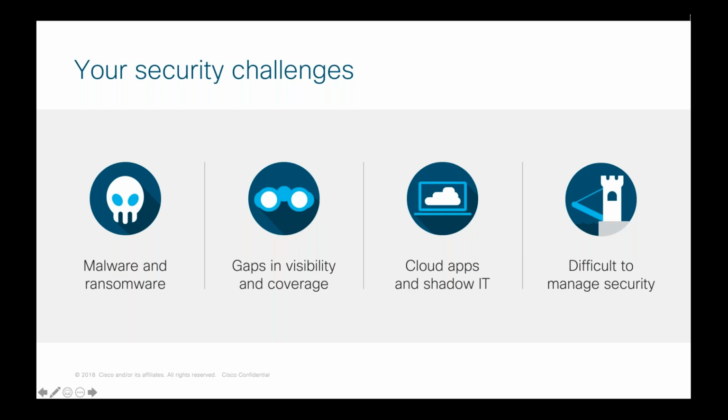So whether that be Box, Dropbox, Office 365, or the tens of thousands of other applications that are out there, IT teams are having a hard time understanding what applications users are utilizing. And then on top of that, being able to control what type of applications are in there.